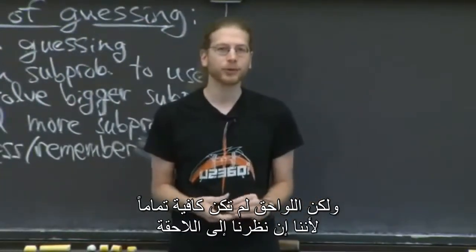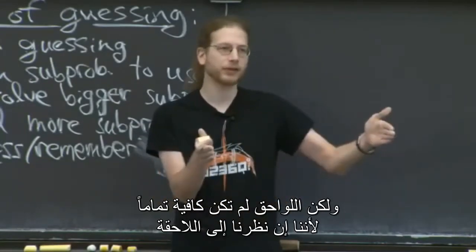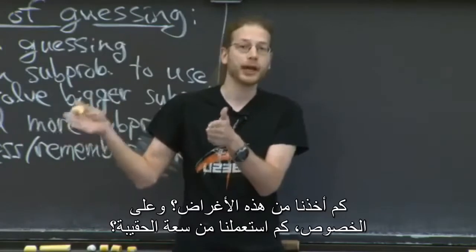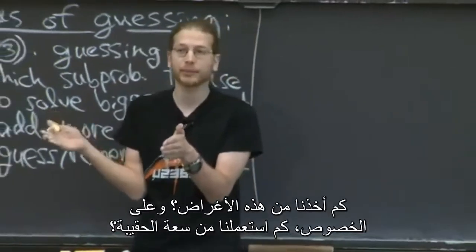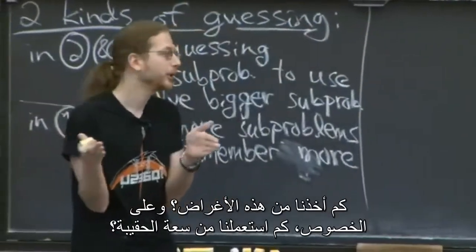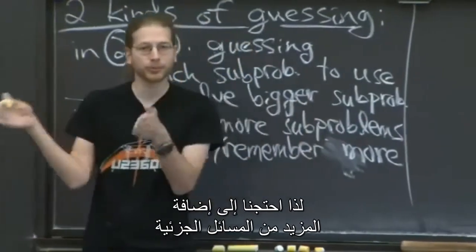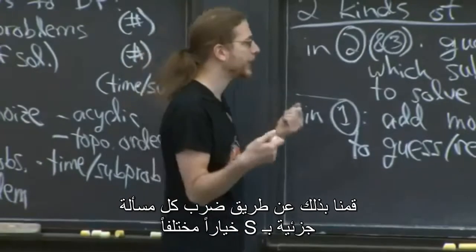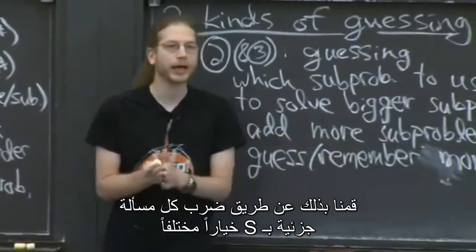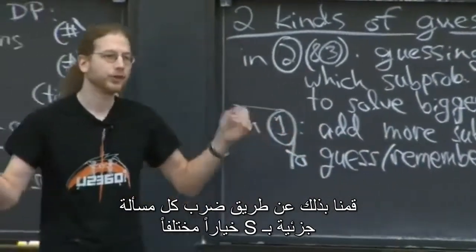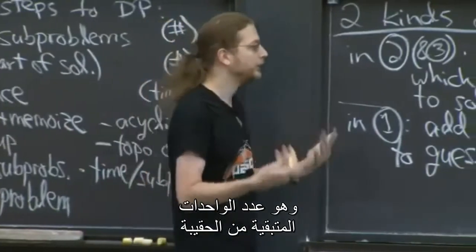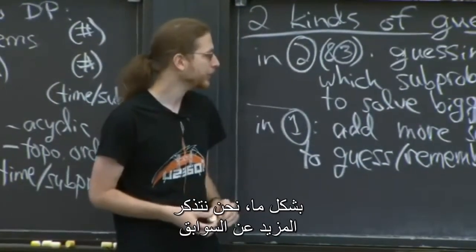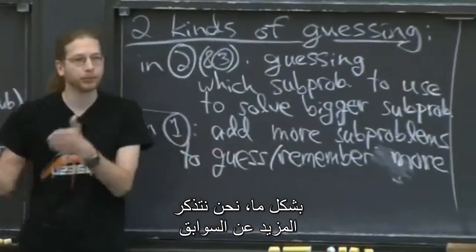But suffixes wasn't quite enough, because if we looked at a suffix, we didn't know of the prefix that we've skipped over how many of those items were in, and in particular, how much of the capacity we'd used up. And so we needed to add more subproblems to remember how much capacity we had used up in the prefix. We did that by multiplying every subproblem by s different choices, which is how many units of the knapsack still remain. So in some sense, we're remembering more about the prefix.